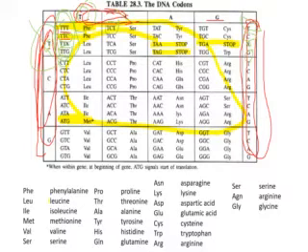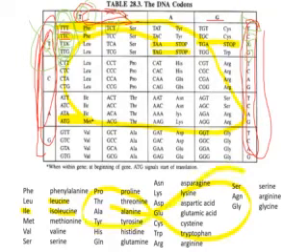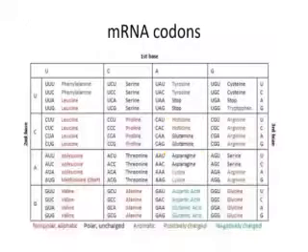LEU is leucine, capital I, small l, small e, isoleucine. The methionine, valine, serine, right? These are all the keywords, short forms of types of amino acids. So complete your table for the DNA codons or triplet codes. The same goes for the mRNA codons. You know already that thymine is replaced with uracil.